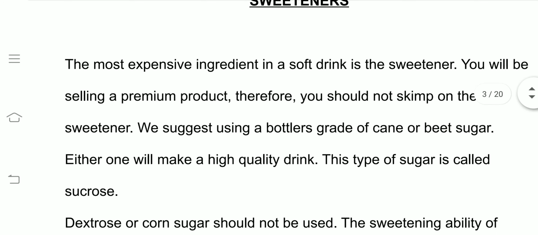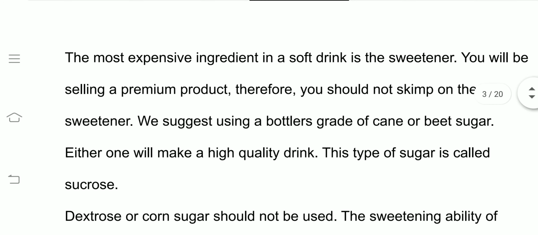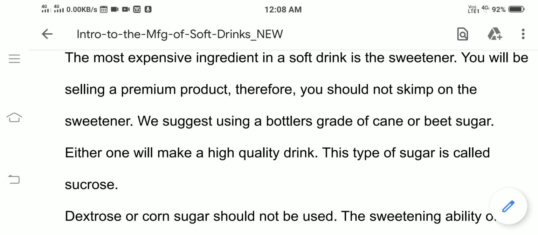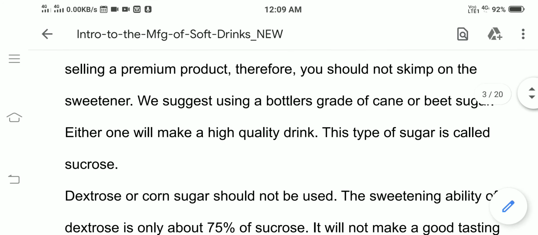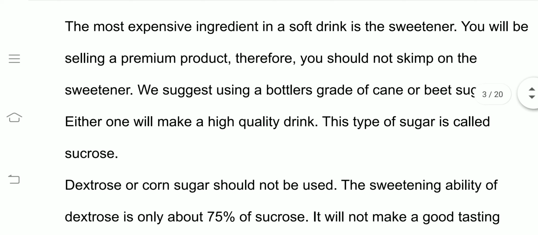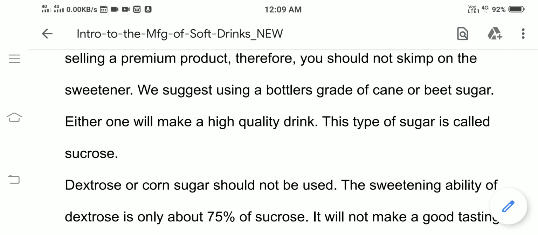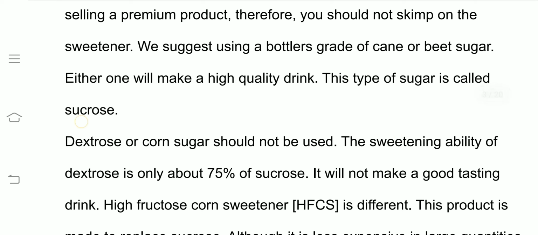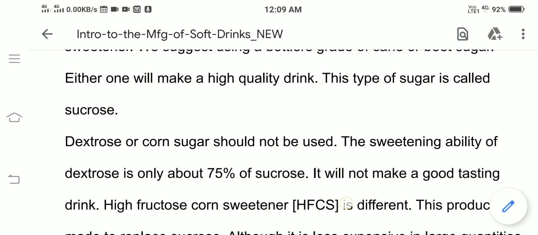So sweeteners can be bottlers grade cane or bottlers grade beet sugar. For a high quality drink we should use the bottler's grade sweetener. This is sucrose, as we know.